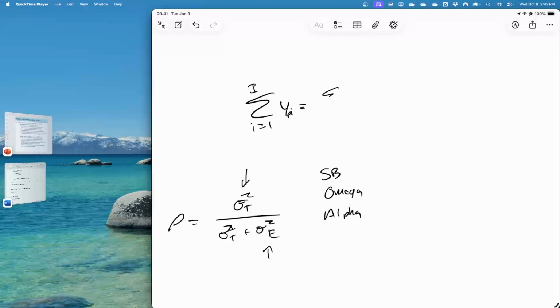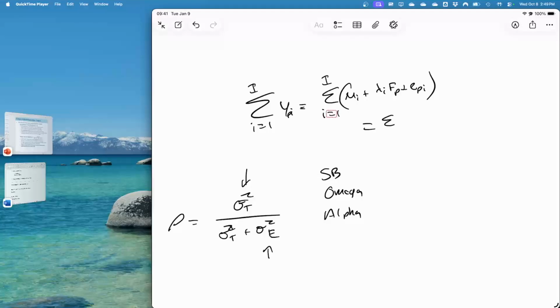Well, that's like saying we take the sum of items equals 1 to I of what our model happens to be. In this case, it's mu. Let's just say we have a one factor model. Now, we can do a little math and substitute, or take this sum that we have in here, distribute it.